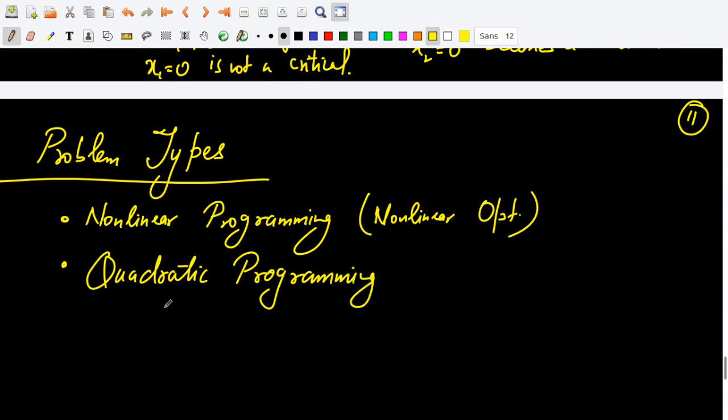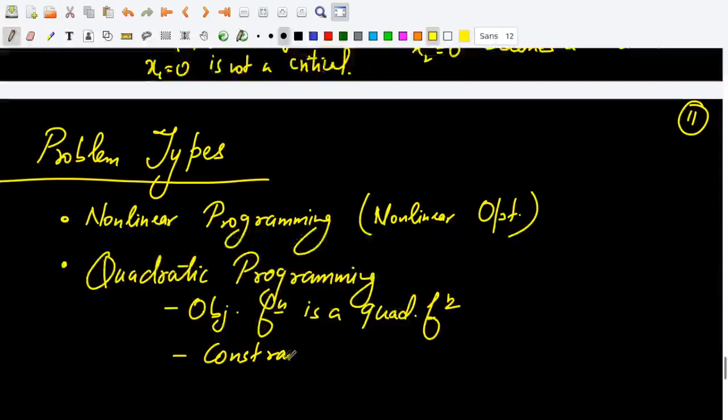In quadratic programming, the objective function is a quadratic function, and the constraints, either there are no constraints or the constraints have only linear functions. So even though the name is quadratic programming, the constraints still must be linear for these types of problems. And you can also call it quadratic optimization.